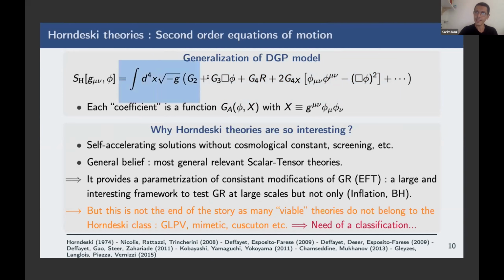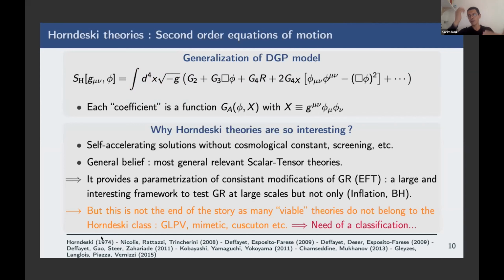And people tried to find the most general actions that contain second derivatives of the scalar field. And this is possible. This was discovered first by Horndeski, in fact, in the 70s.